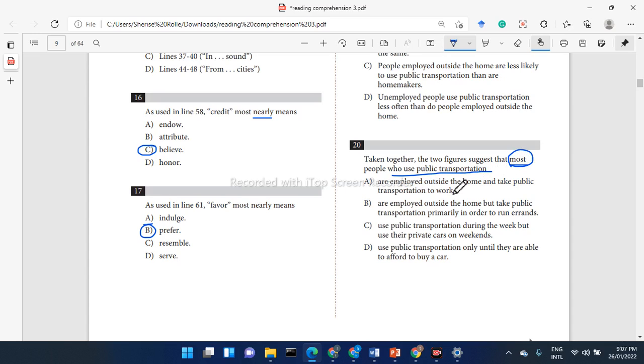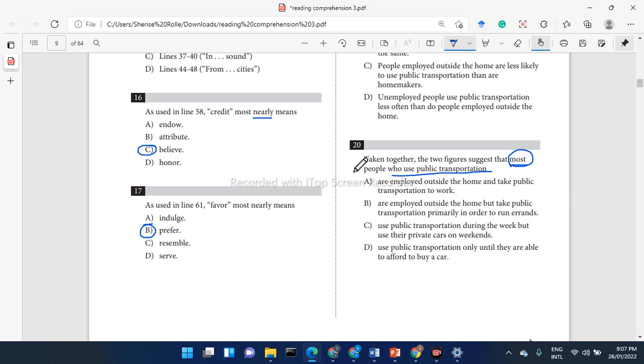Is it people who are employed outside the home and take public transportation to work? Or people employed outside the home but who take public transportation primarily in order to run errands? Is it people who use public transportation during the week and use their private cars on the weekend? Or is it people who use public transportation only until they're able to afford to buy a car?